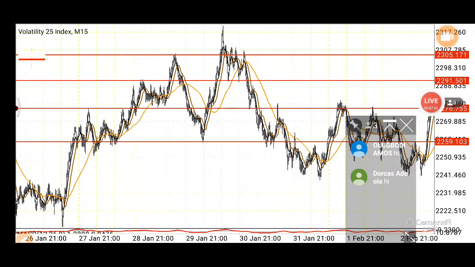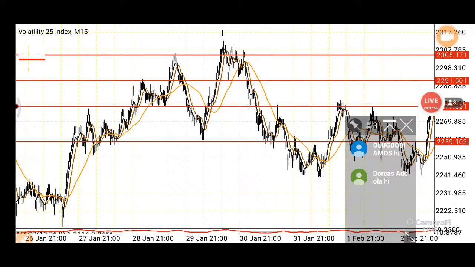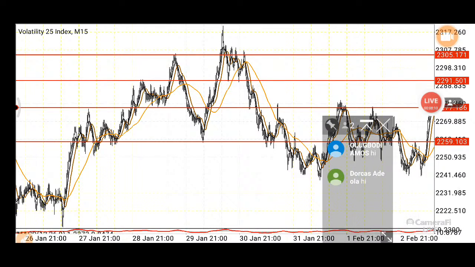So now we have verified support and resistances, and we have unverified. How do you know a verified and unverified support and resistance? When you have a level whereby it has served as support or resistance 2 or 3 times, that is a verified support or resistance.